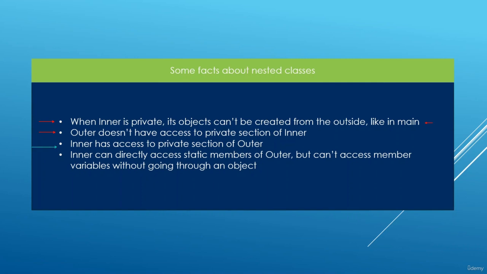The inner class is going to have access to private sections of the outer class, so you can access the private member variables, and inner can directly access static members of outer, but it can't access member variables without going through an object name. These are some limitations you need to be aware of. I realize some of these things might not make sense yet, so we're going to head over to Visual Studio Code and play with this a little more.